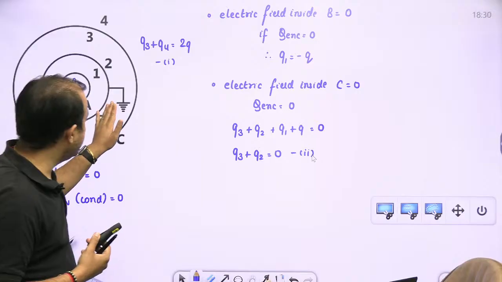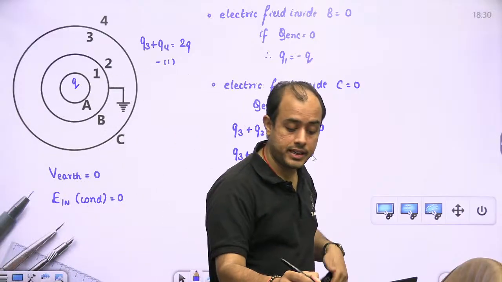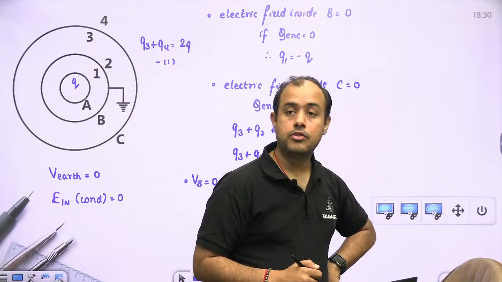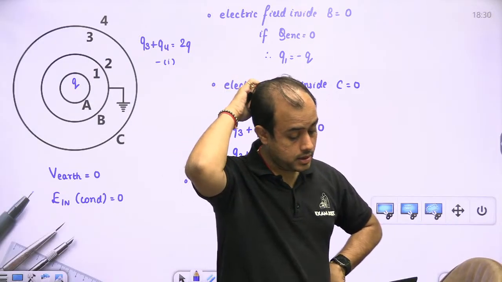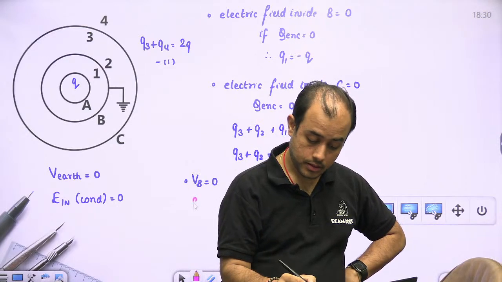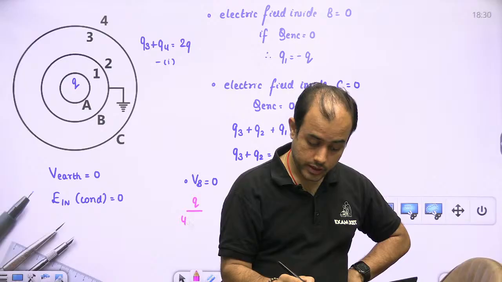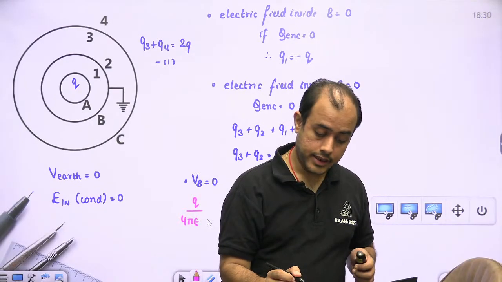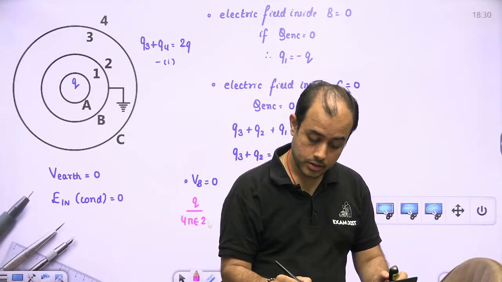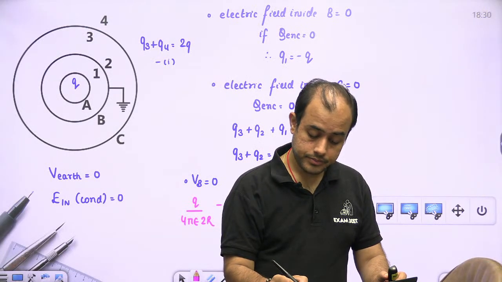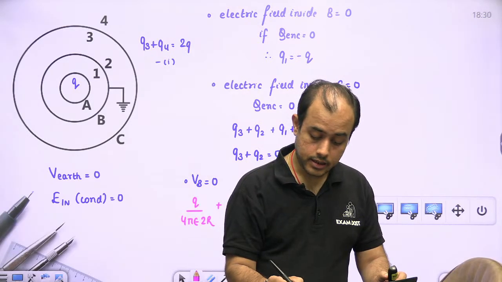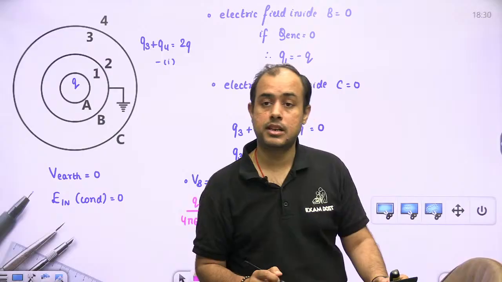Now the last thing is that potential of B is 0. What is the potential of B? Now because of Q, the inner sphere, the radius of B is how much? R, 2R, 3R. 2R. Because of Q1, at radius 2R, it is Q1 by 4 pi epsilon 2R.